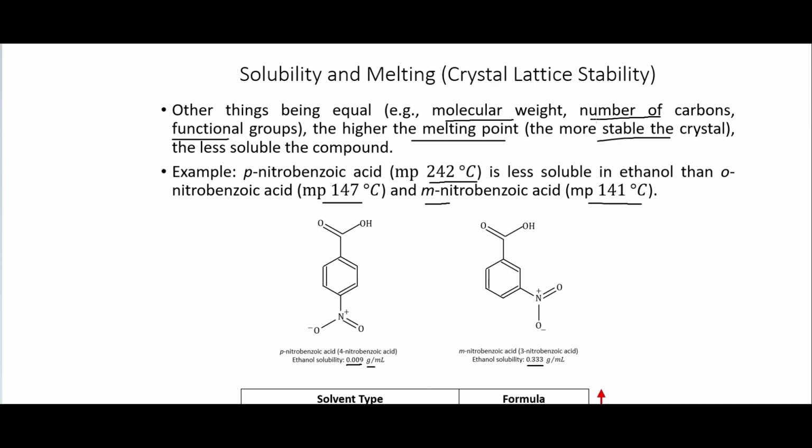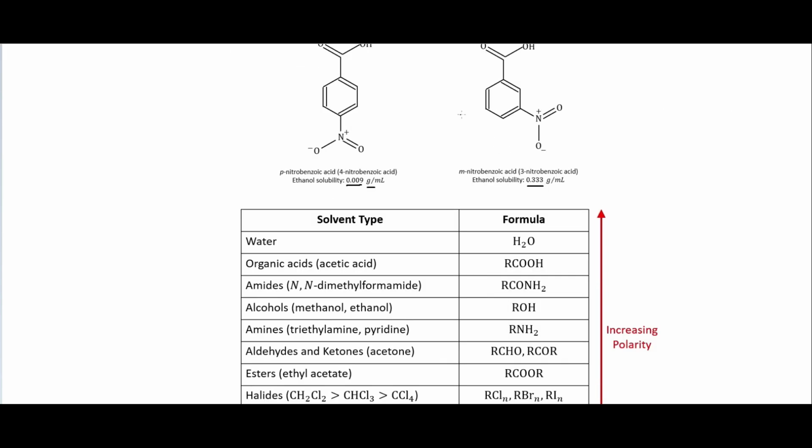That's because these things are based on some very similar concepts about the way that these molecules interact with each other. If they interact with each other more strongly, the melting point is going to be increased. That also means it will take more energy to break them apart when you are trying to dissolve them, and so they become less soluble.